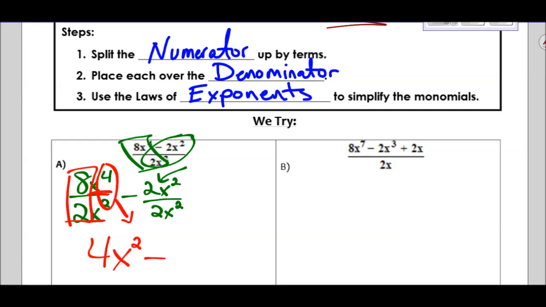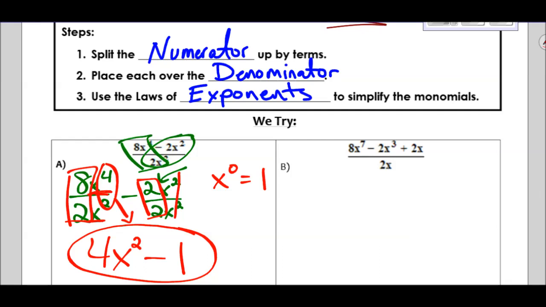Minus, anything divided by itself is just 1, and I can see that from dividing these two. That would give me 1. These completely cancel out. Really gives me x to the 0th power, which equals 1. So 2 divided by 2 is basically just 1. So that's our final answer, 4x squared minus 1.